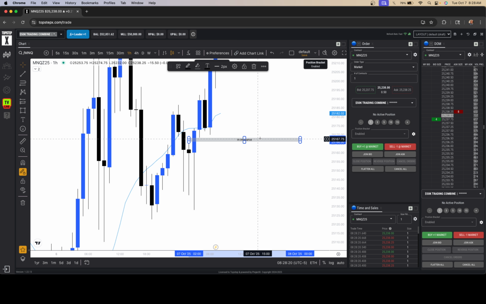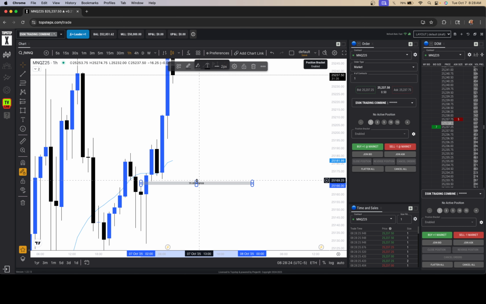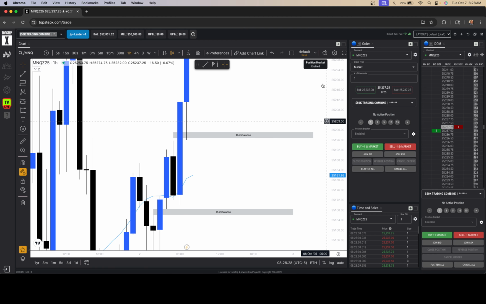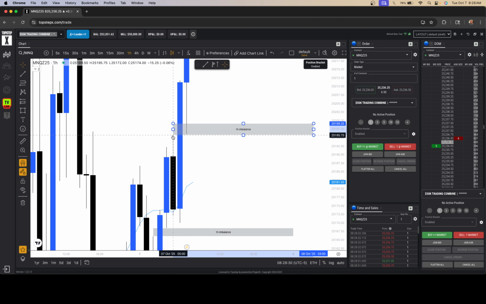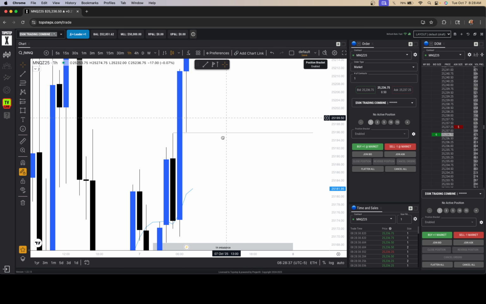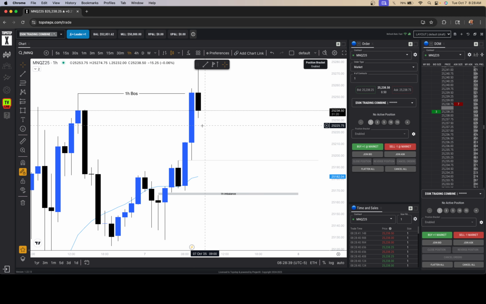So really the imbalance is kind of showing us the impulse of price and the possible direction that we may continue in. So this is a small 1 hour imbalance down here, but still important nonetheless. And then we have this.